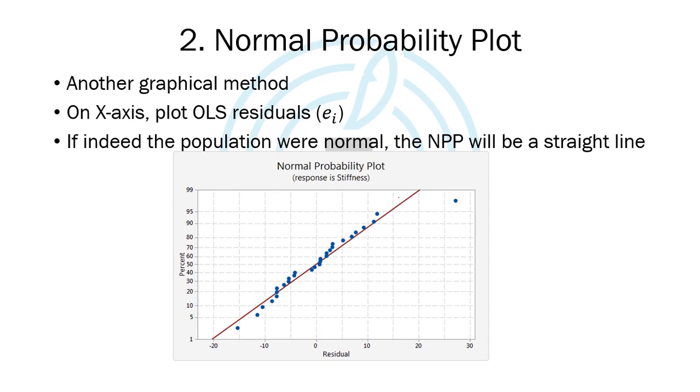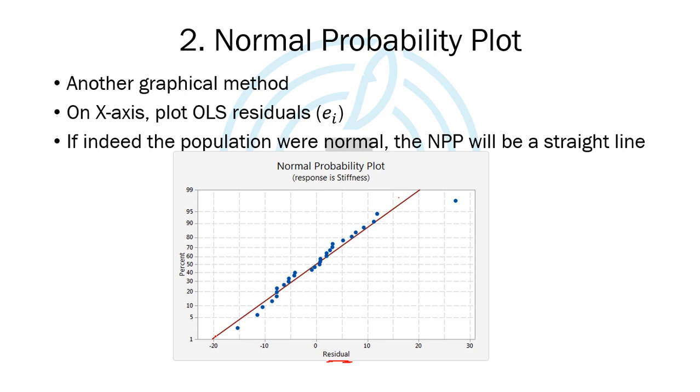The second one is the normal probability plot. This is another graphical method. On the x-axis, we plot the residuals, and on the y-axis we have the percentage, or you can say probability. If the population indeed were normal, then the normal probability plot will be approximately a straight line.